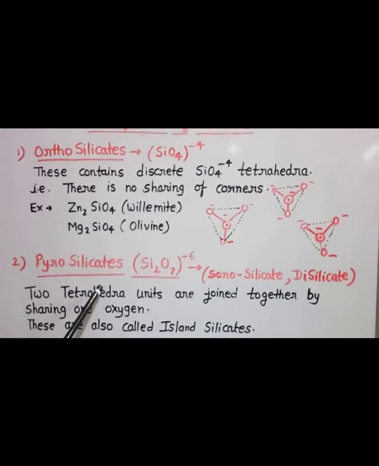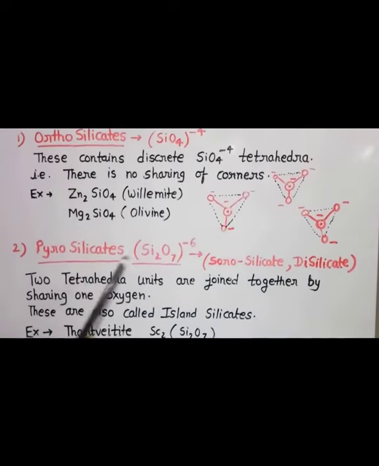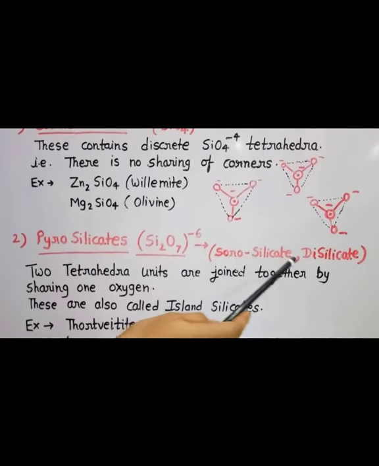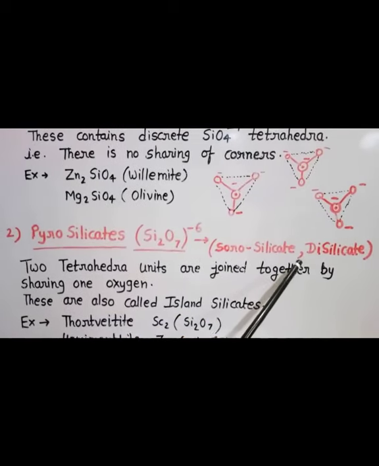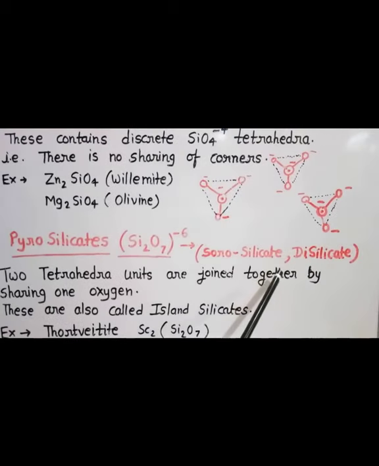The silicates which contain Si2O7 6- ions are called pyrosilicates, otherwise sorosilicates or disilicates.